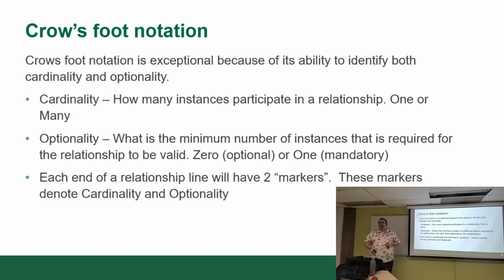This only needs one set of symbols. So the cardinality: how many instances participate in a relationship? It's always one or many. We need to say whether it's only one or more than one that participates. Optionality: what is the minimum number of instances? 0 or 1. Is it optional or not?